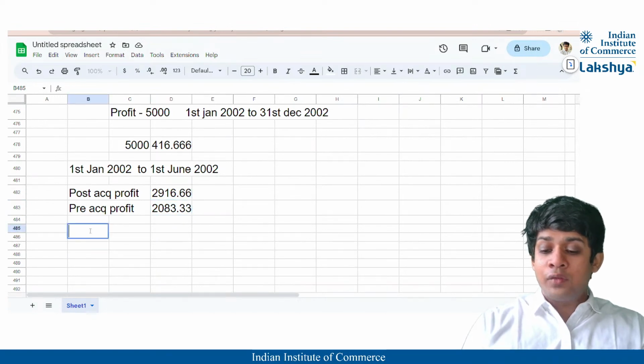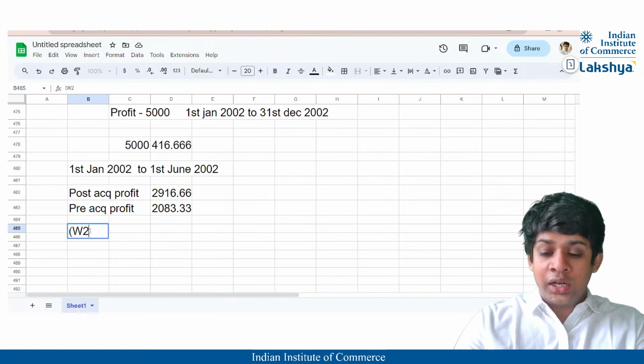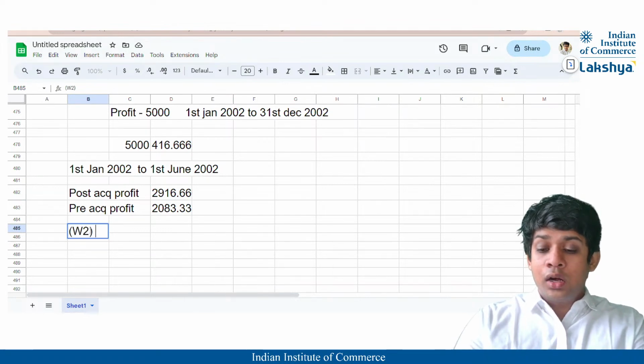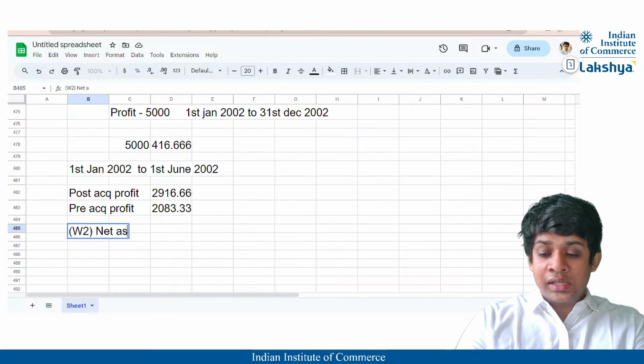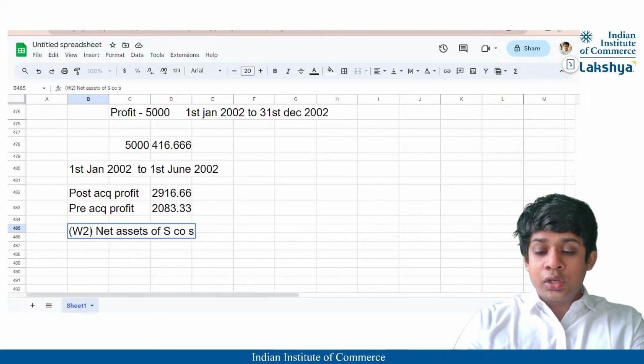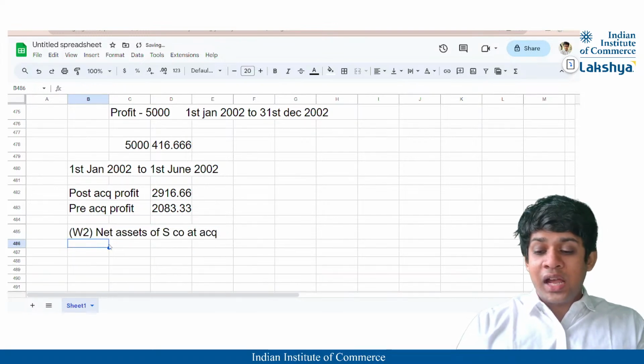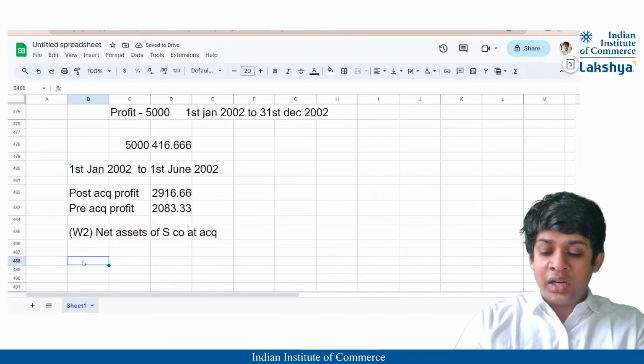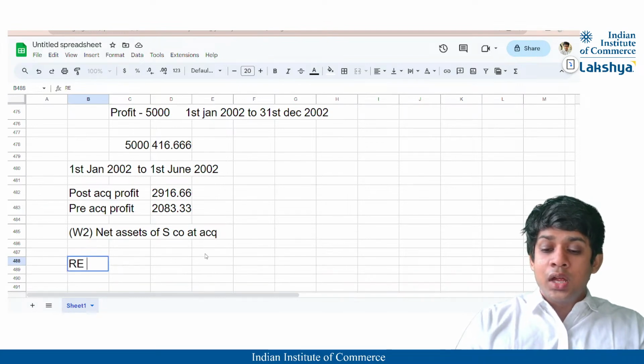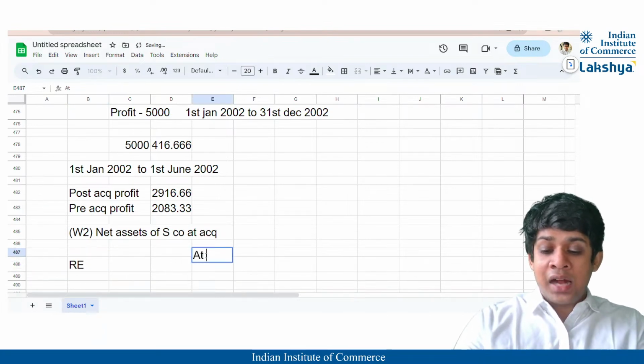So when we prepare our working note 2 of retained earnings, that is nothing but net assets of subsidiary company at acquisition. At that time, guys, we have something that is known as retained earnings in the net assets, correct? Now, those retained earnings at acquisition, what will be its value, right?